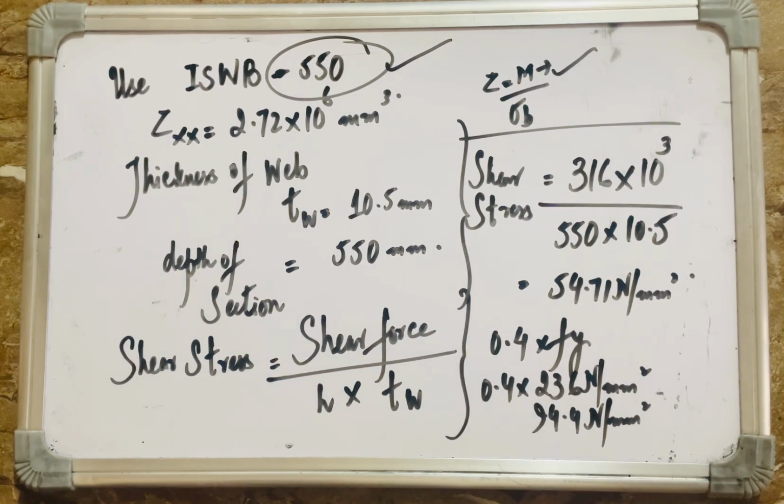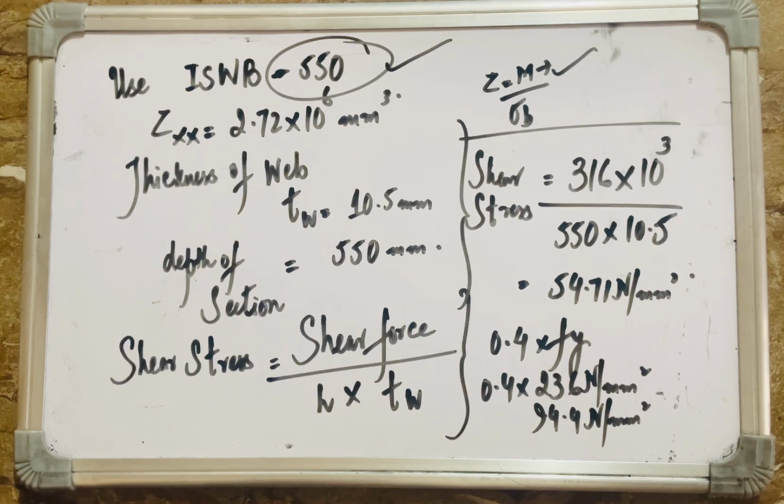That is in the material property itself. It is given equal to 0.4 multiplied by fy. fy is our yield stress, and we are using rolled steel sections with a yield stress of 236 N/mm² that have the capability of absorbing 0.4 times that as shear stress.